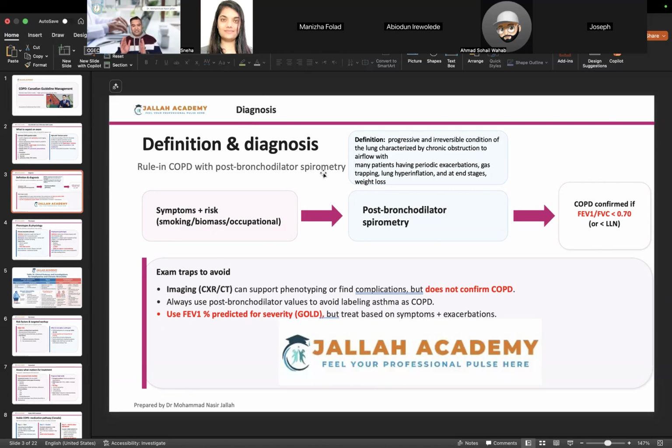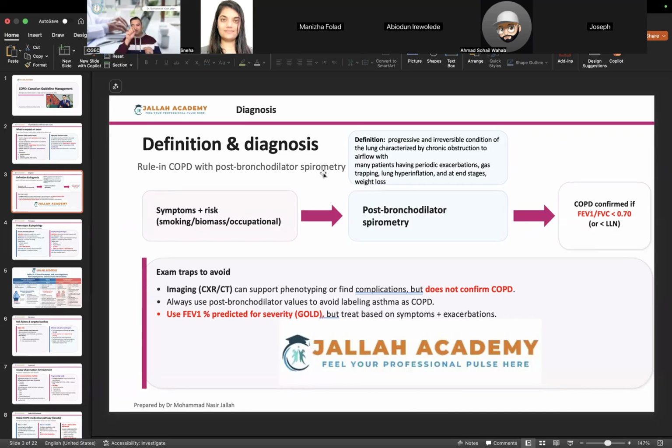Remember that FEV1 over FVC, we use it to confirm the diagnosis. But FEV1 percentage is used after the diagnosis. Once you have the diagnosis, now you're going after the severity of the COPD, then you check it with this one.